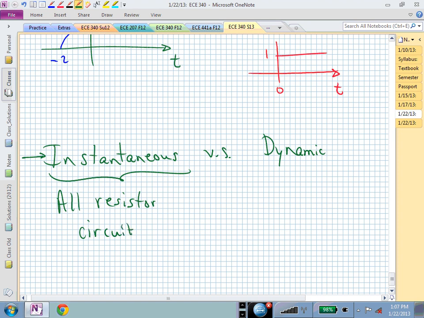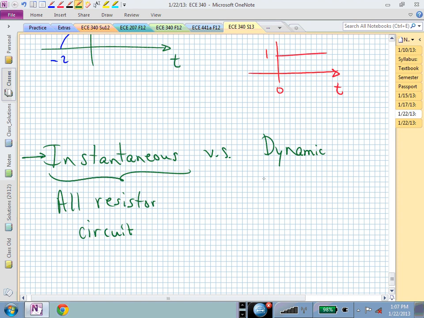If you have an all-resistor circuit and you apply an input, what happens to the currents or the voltages in that circuit? They instantly respond to that input, don't they? You now have an instantaneous voltage divider response or a current divider behavior with an all-resistor network.